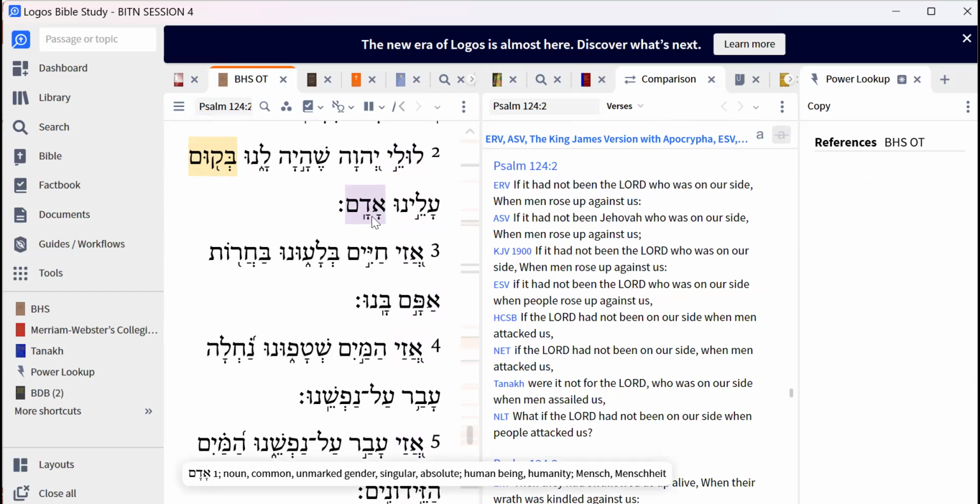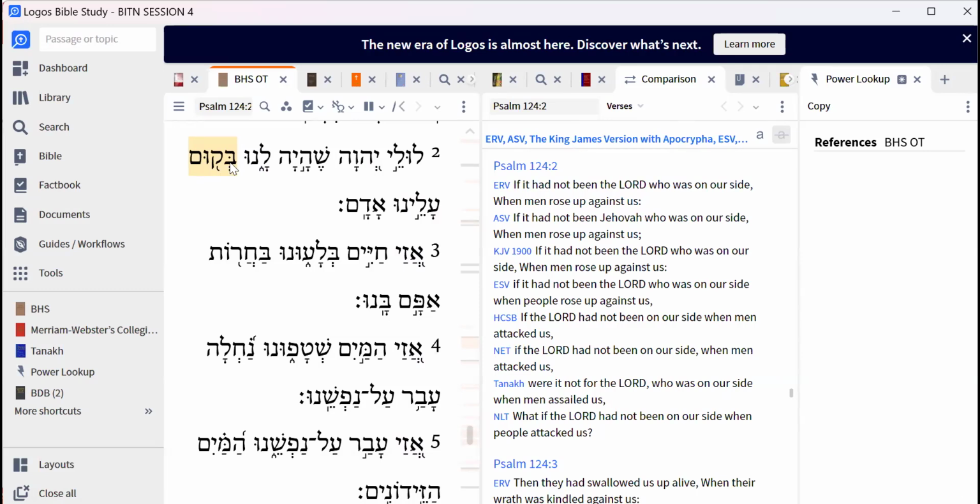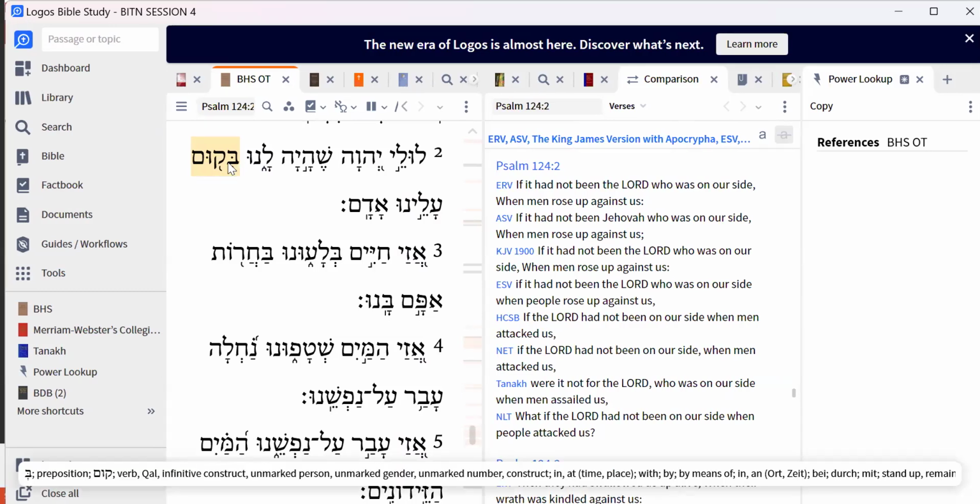When the enemies rose against us. This is an interesting word. This is the word to rise. In the New Testament, this word is pronounced gum. And remember when Jesus went to raise one of the rulers of the synagogue's daughter that was dead. I remember that scenario, I think Matthew or Mark.